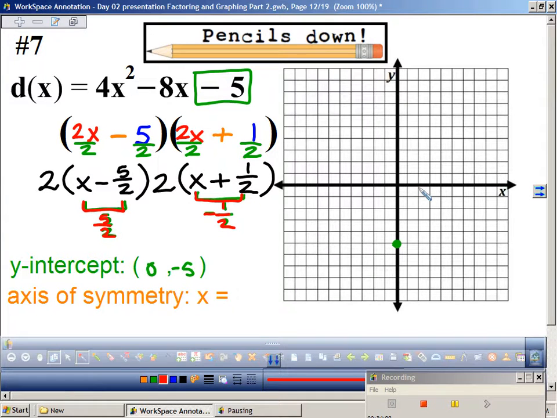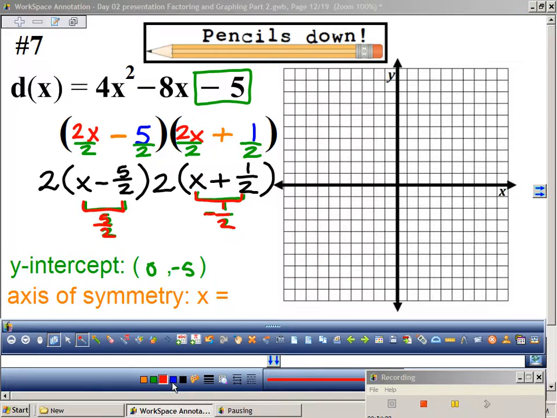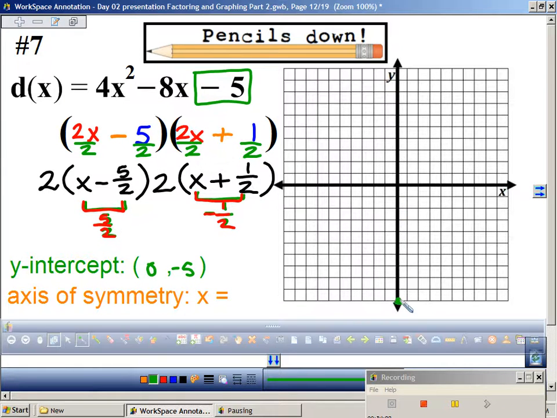So if I did that, this would have to be all the way down here, correct? If I'm counting by halves, then this will be 1/2, 1, 1 1/2, 2, 2 1/2, 3, 3 1/2, 4, 4 1/2, 5. I'm going to count by halves to find my zeros.